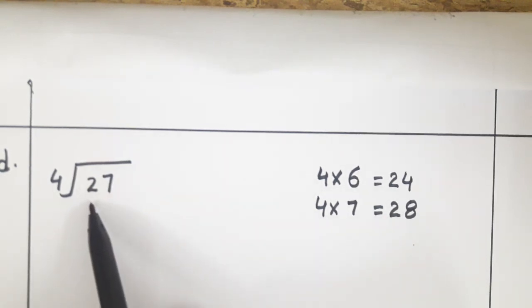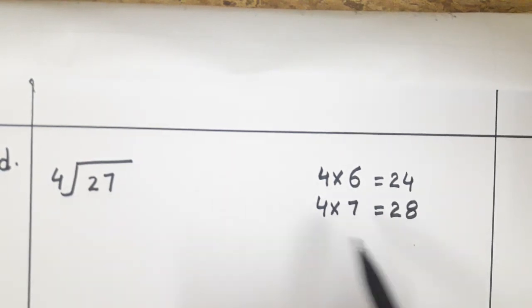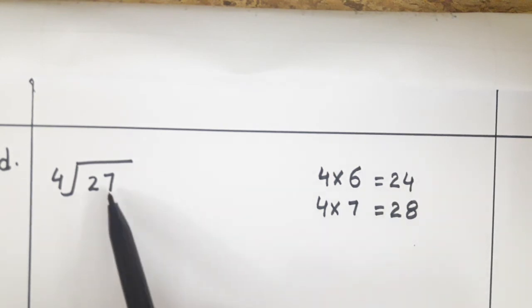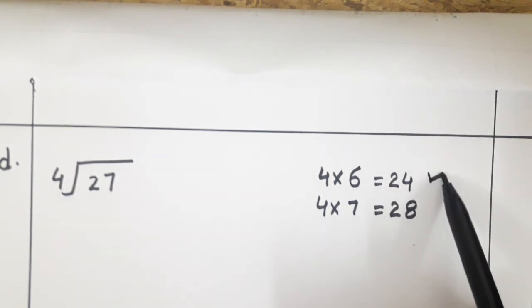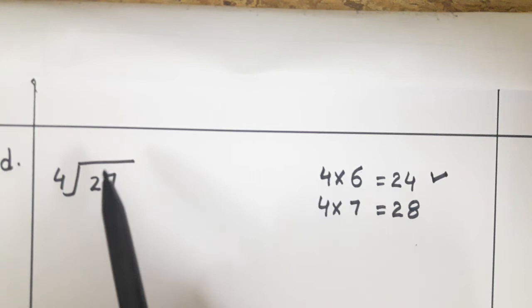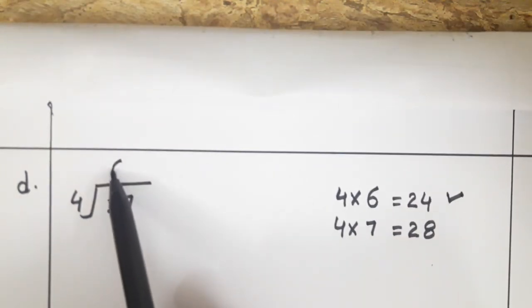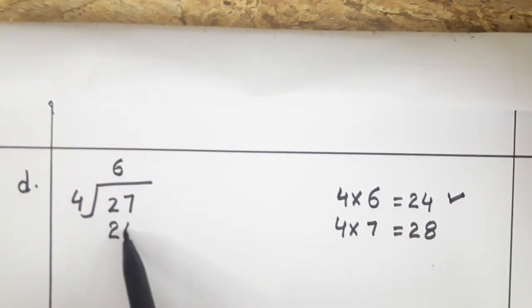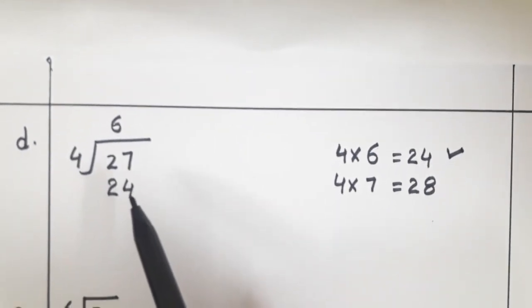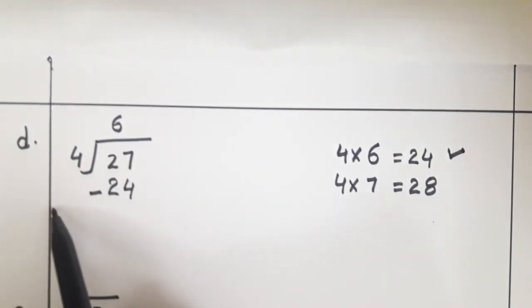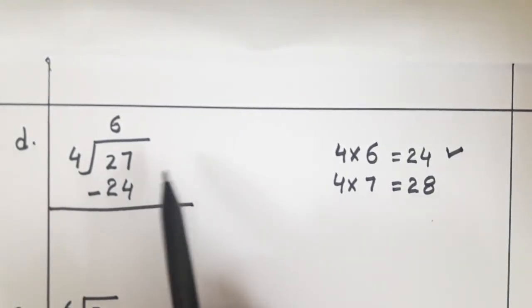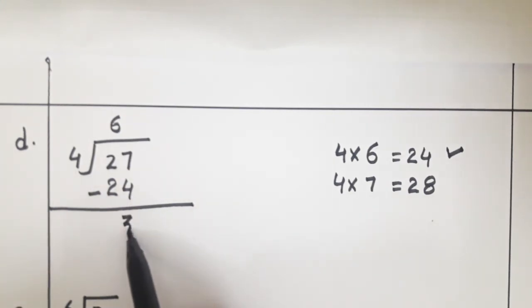28, can you write 28 over here? No, you have to write the number smaller than the dividend. So we will pick this one. 4 sixes are 24. And now we will subtract it. 7 minus 4 is equal to 3. 2 minus 2 is 0.